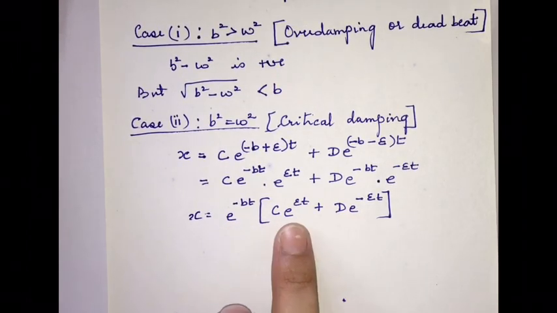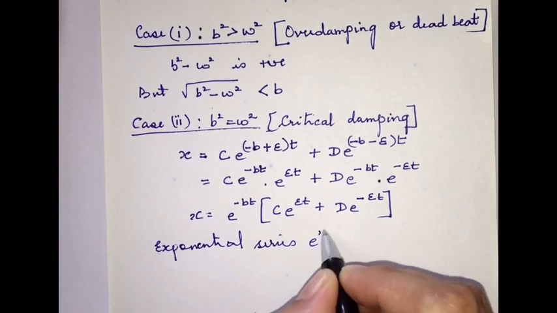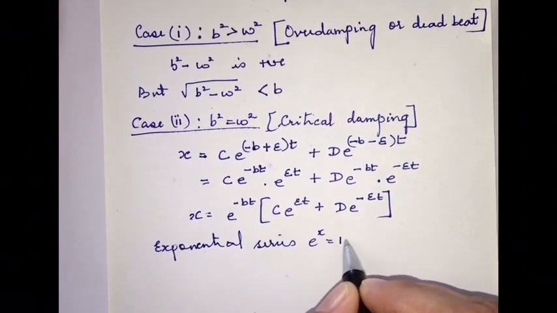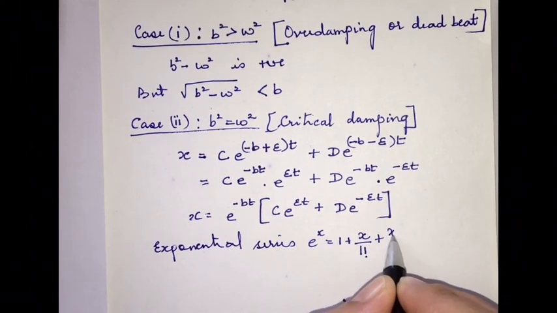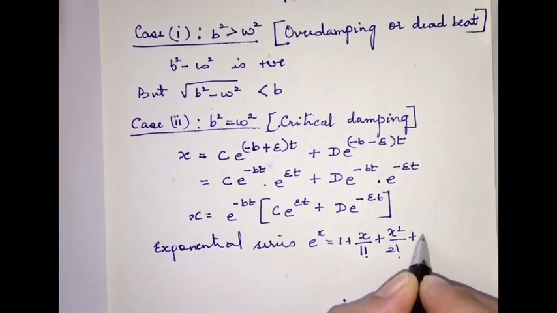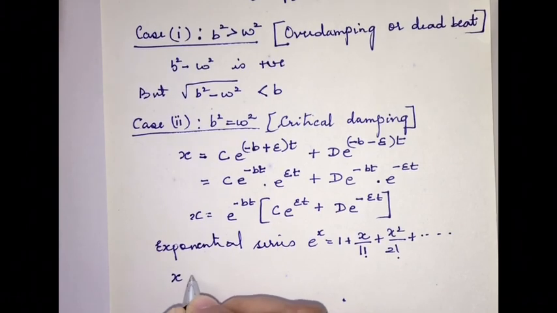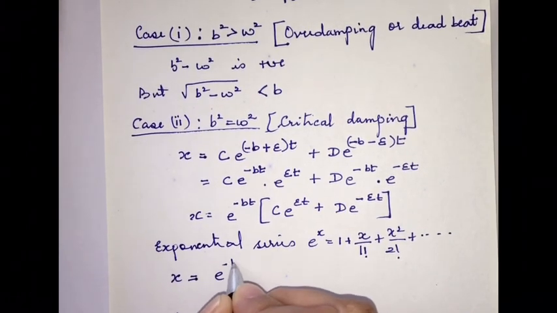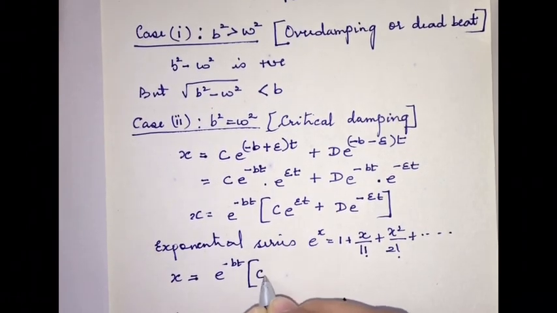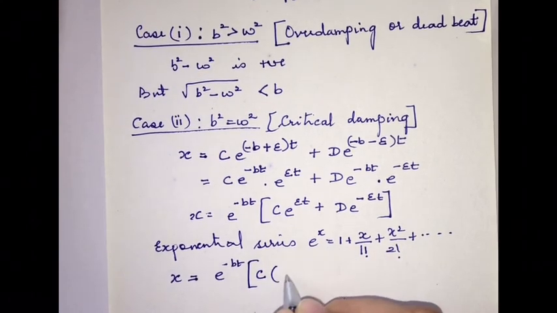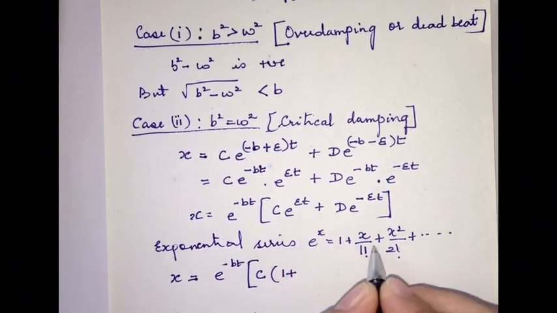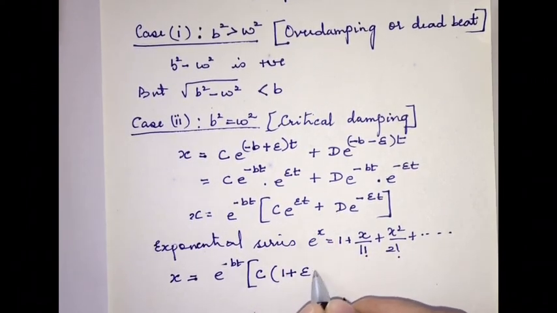If I expand this e power epsilon t in the exponential series, e power x is equal to 1 plus x by 1 factorial plus x squared by 2 factorial and so on, I can write this equation as x is equal to e power minus bt times c, where the expansion of e power epsilon t will be 1 plus epsilon t.